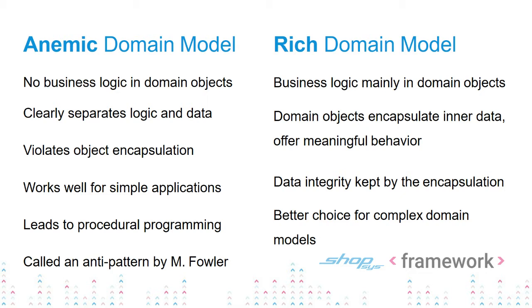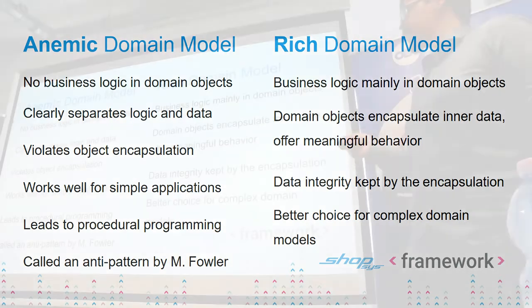On the other hand, in the rich domain model, the business logic is kept mainly in the entities themselves, in the domain objects. This means that the service layer is very thin or non-existent at all. The domain objects encapsulate their inner data and only offer some meaningful behavior.